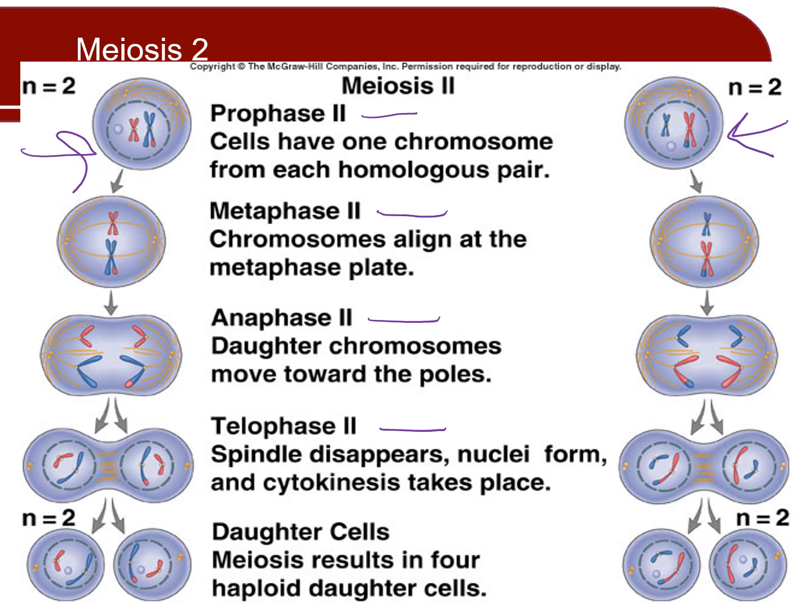Again, the spindle forms and the sister chromatids line up in the center in metaphase. One sister chromatid goes to one side, the other goes to the other side in anaphase. Then in telophase, the nucleus reforms and cytokinesis occurs and the cell splits. So at the end of meiosis 2, you have 4 haploid daughter cells. Remember, in mitosis, you had 2 diploid daughter cells.